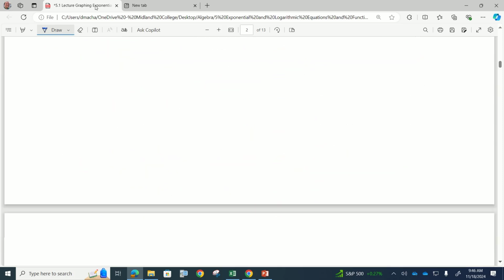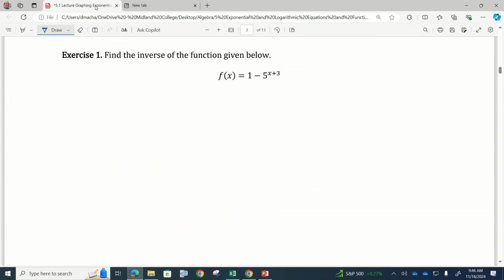If I were to ask you, like in the first exercise of the homework, to find an inverse function, then this is what you do. We would say this function looks like y equals 1 minus 5 raised to the power x plus 3.